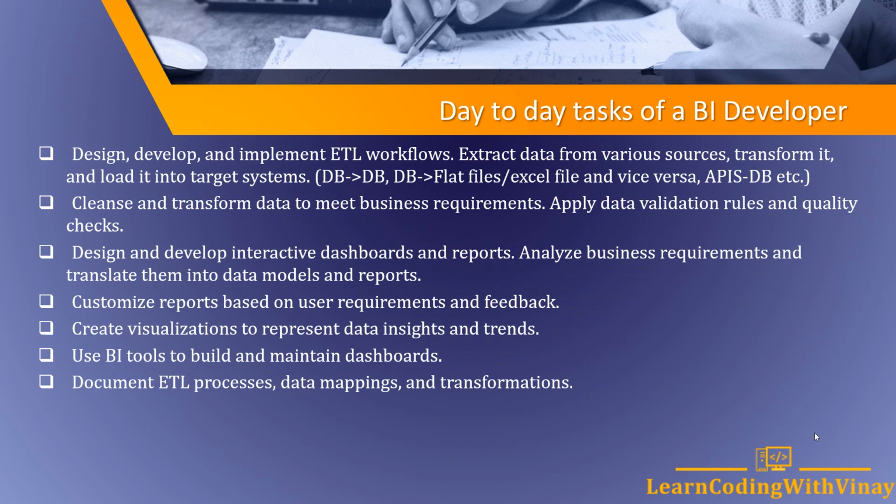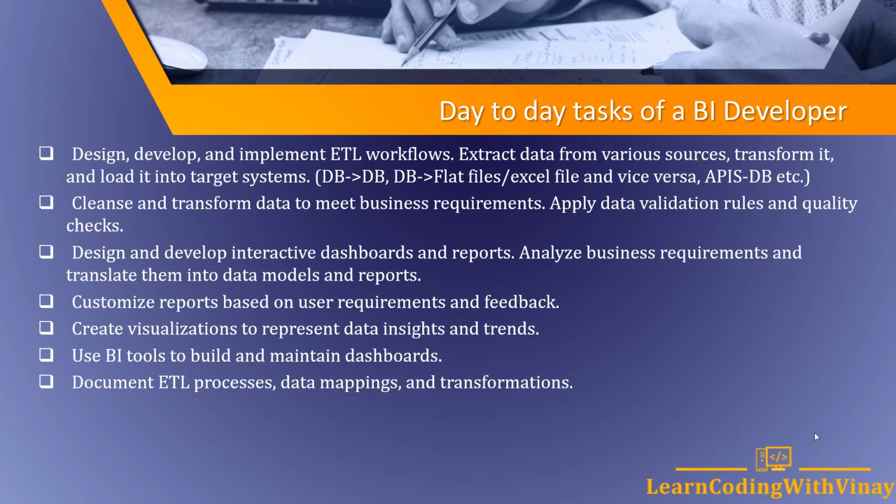Then obviously document the ETL process, mappings and data transformation. Now while documenting ETL, what exactly is meant by documenting the ETL process? Ideally you should have a document that says, okay, this is my source system, these are my source data models, and from here I am picking the data and putting it into my destination system, and these are my destination data models, right?